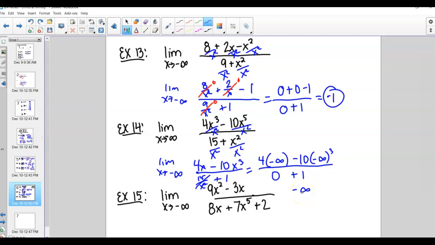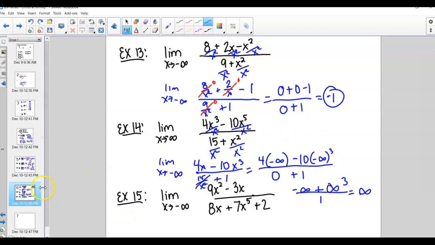And then negative 10 times negative infinity to the third is going to give me positive infinity to the third power over 1. And because that infinity is to the third power there and it's positive, it's going to be larger than this negative infinity here. And so I will just end up with positive infinity there for our answer.